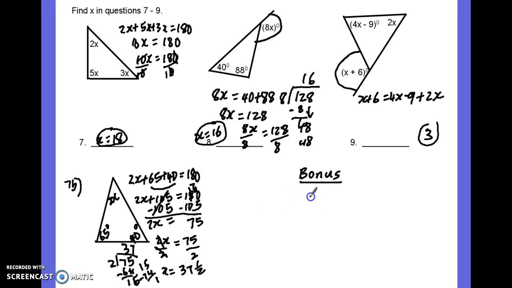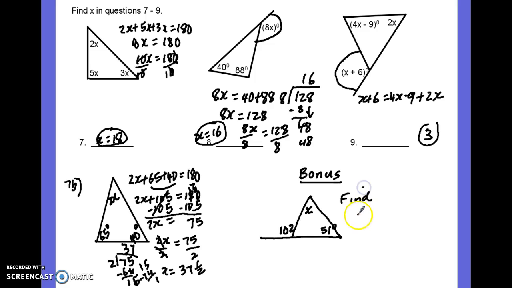Let's say we have a triangle like this. Yeah, this is a juicy one, fairly juicy one. Let's say this is our x here, and this is our 51 degrees. And this is, let's say, 102. And I say find x.